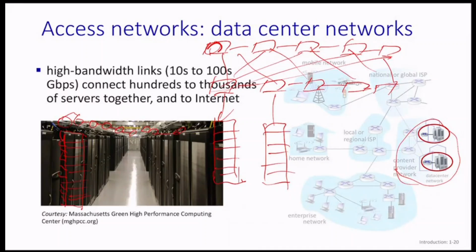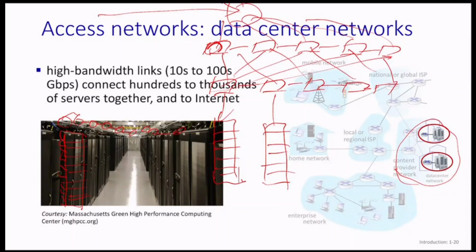So if this switch finally connects to the router, and data from the internet comes into this router, then we need to consider how to forward that data and which server it should go to.